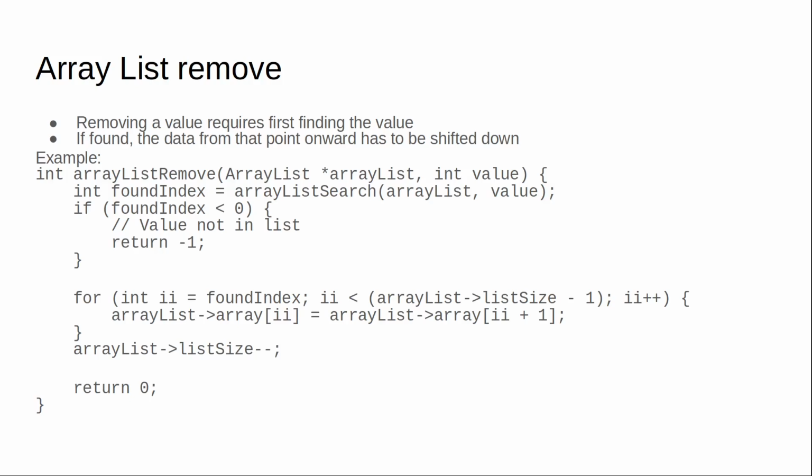And once I've done that entire range, then I'm going to decrement list size. Note that I'm only going to list size minus 1, because by nature of removing an element, I have decreased the number of elements in the list. But we're not going to do that until after we successfully do all the copies. So decrement the list size, and then we're going to return good status back to our caller.